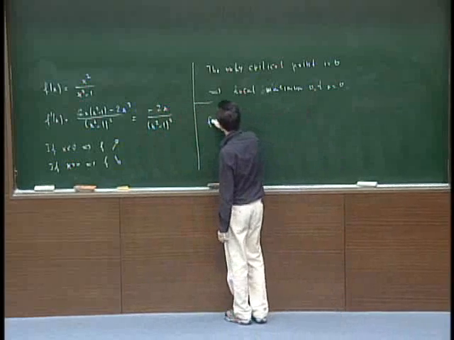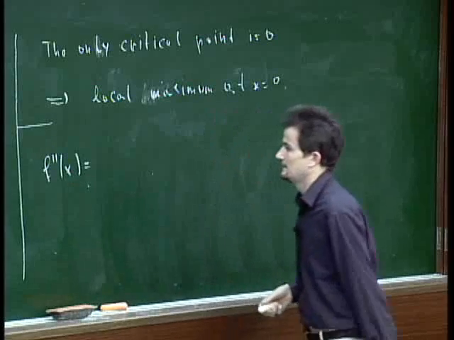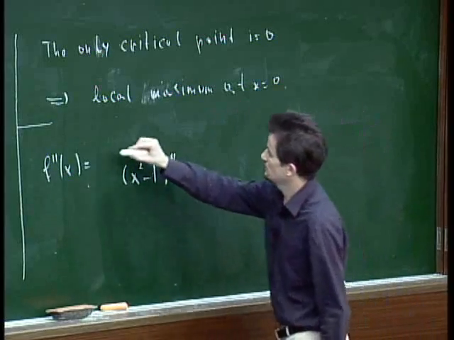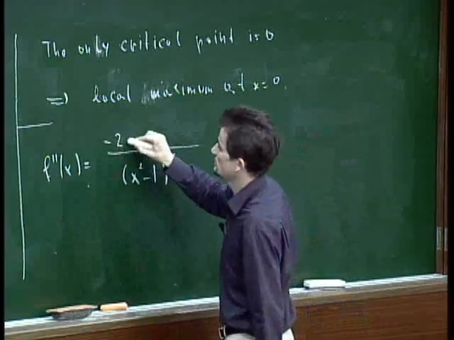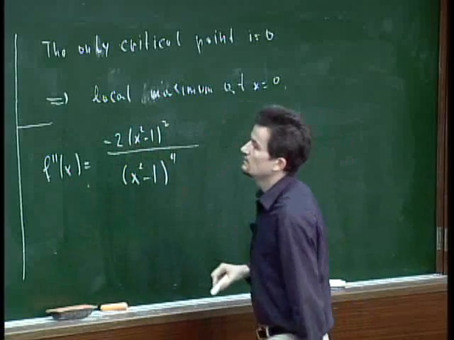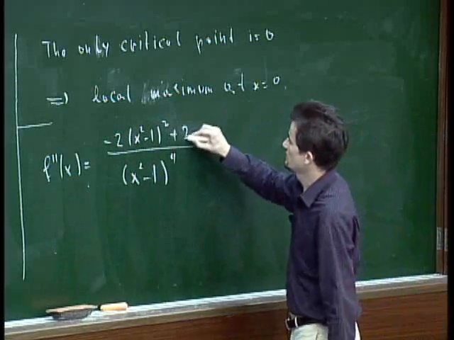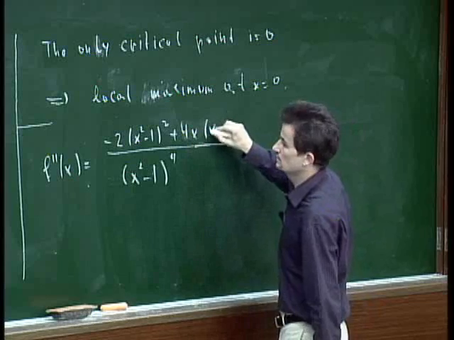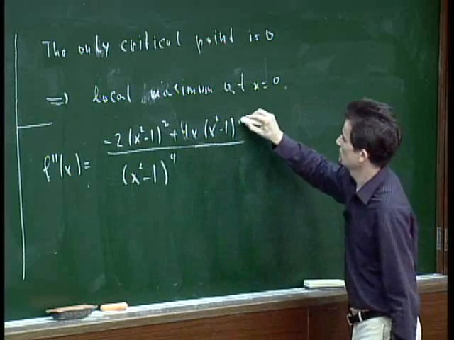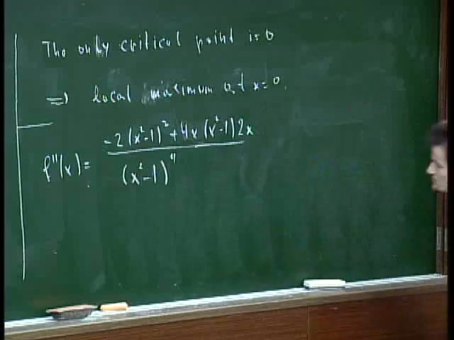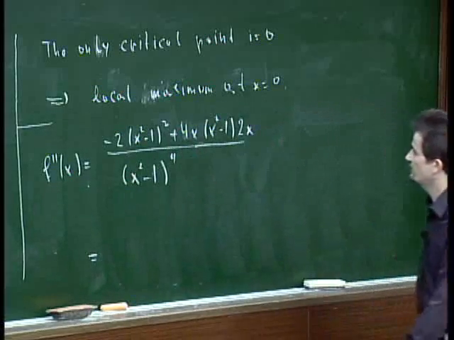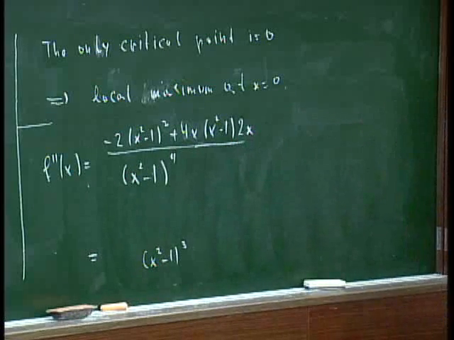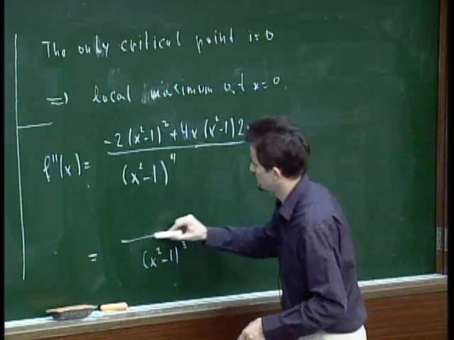Now, if we look at the second derivative. Okay, now it's getting more tedious. Then minus 2 x squared minus 1 squared minus... okay, so now we have to simplify this, so we can erase one factor of x squared minus 1, then things are getting a little bit easier.